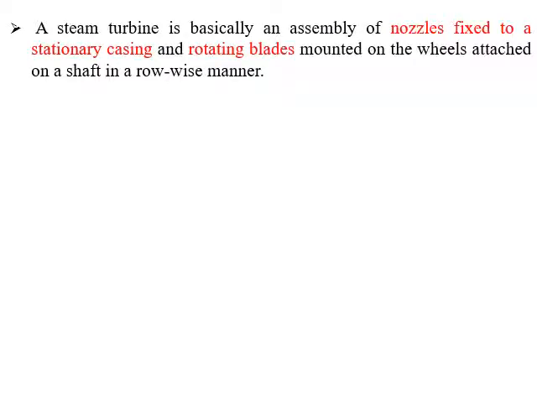A steam turbine is basically an assembly of nozzles fixed to a stationary casing and rotating blades mounted on the wheels attached on a shaft in a row-wise manner.